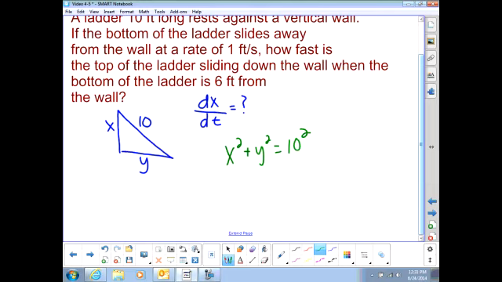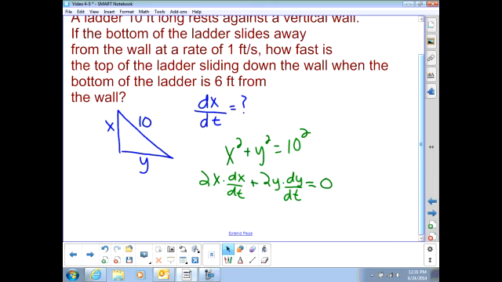So therefore, we can go ahead and we can take the derivative. Derivative of x squared will be 2x times dx/dt, plus derivative of y squared is 2y times dy/dt. 10 squared is 100. Derivative of 100 is just 0 because it's a constant. So we're looking for dx/dt.